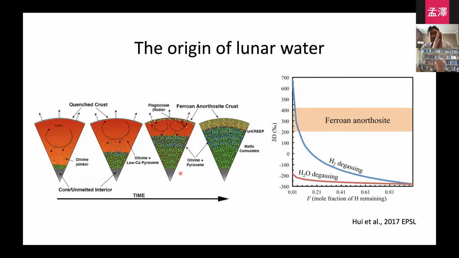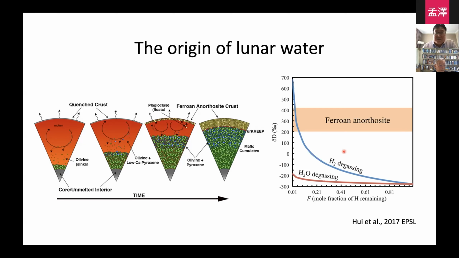So now we can see that the lunar interior does contain water, and also in the history of the evolution of the moon, it also contained water. One question is, what is the origin of lunar water? Based on our hydrogen isotope data, we showed that even the initial lunar magma ocean also contained water.